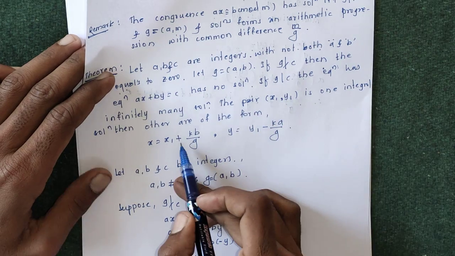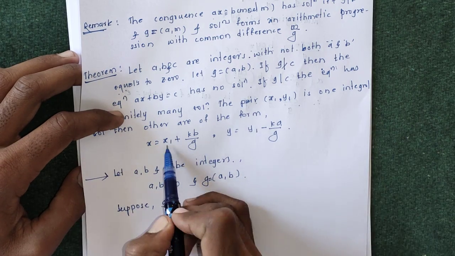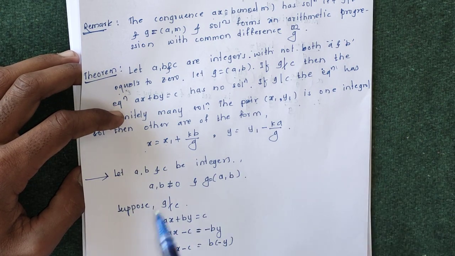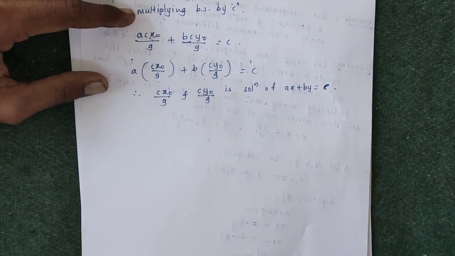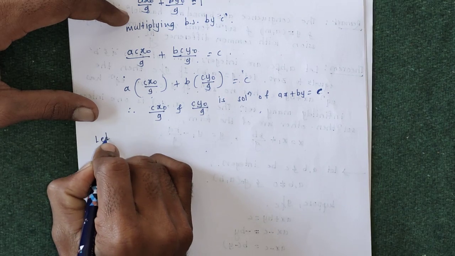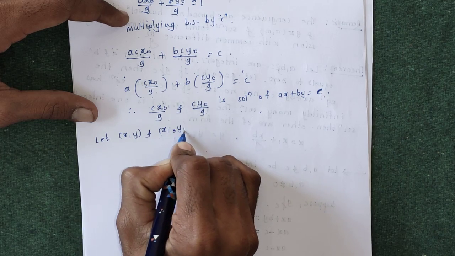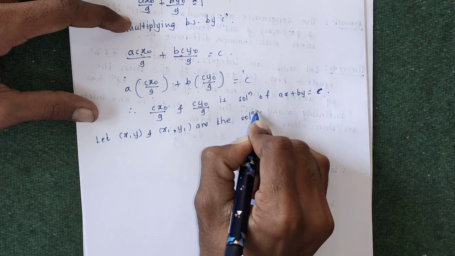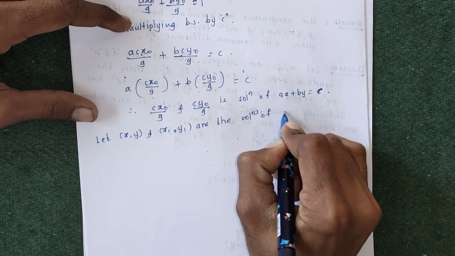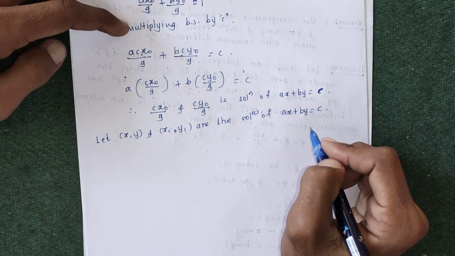Now we will prove that if x1, y1 is one solution, then other solutions are of this form. To prove this result, we take x1, y1 as one solution, and suppose x and y is some other solution, then x and y are of this form. So let x, y and x1, y1 be solutions of Ax plus By is equal to C. That is, they are solutions of the Diophantine equation.